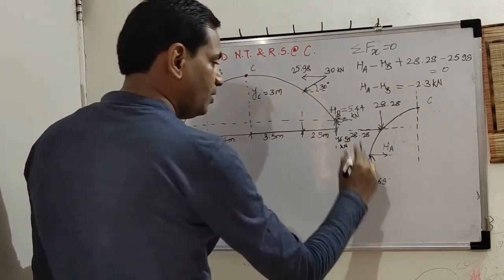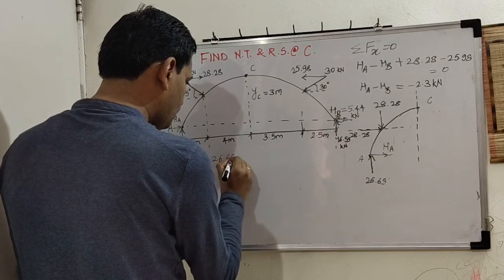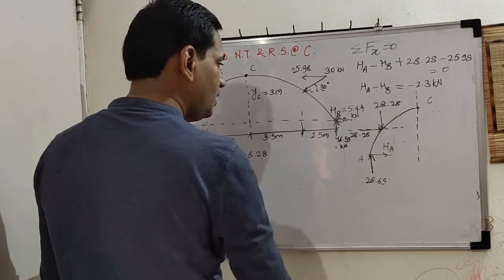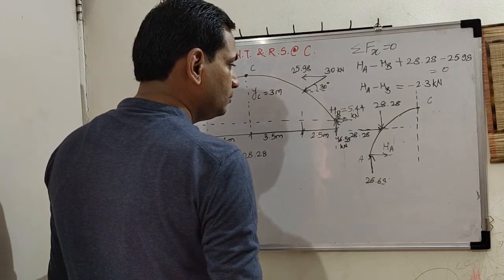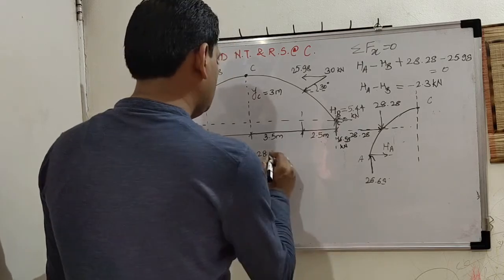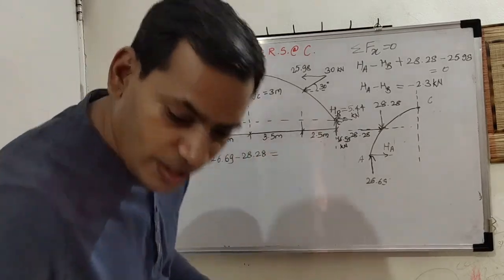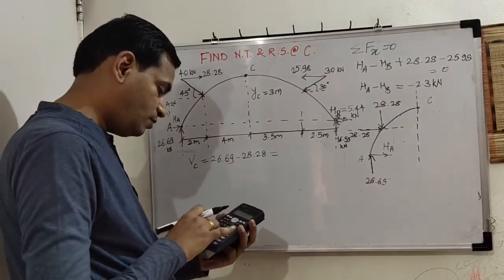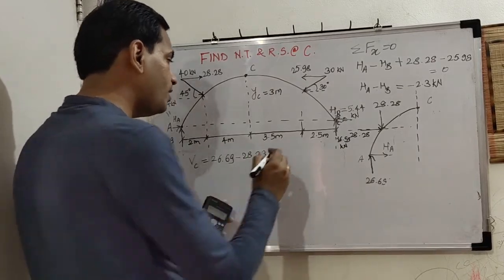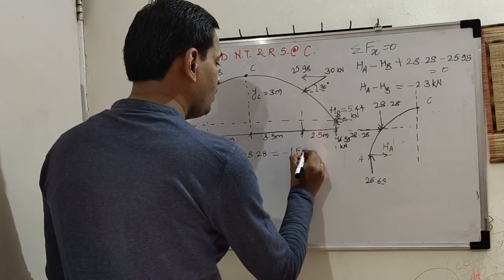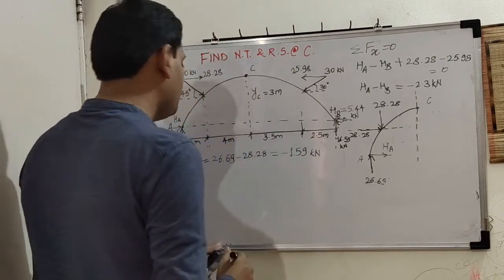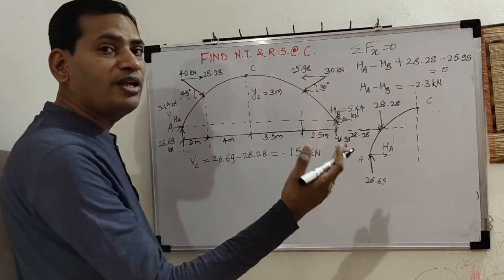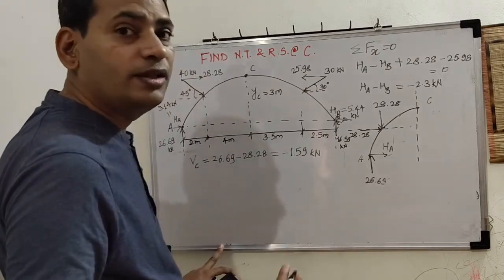How much is VC? 26.69 upward, so positive, minus 28.28. That's it, only two. So 26.69 minus 28.28, the value is minus 1.59 kilonewton. So keep it as minus. We will keep the net shear force value as minus in the equation of normal thrust as well as radial shear.